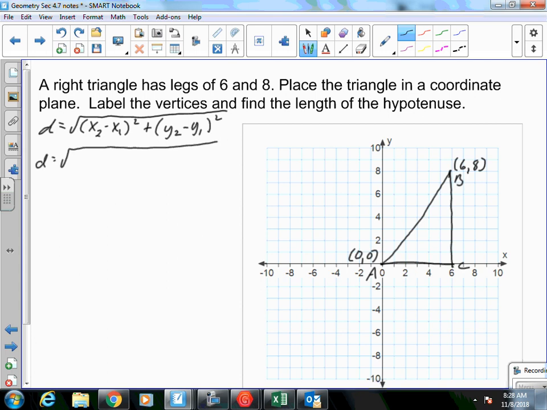Based on the points that we've got, (0, 0) and (6, 8), for the x's, it'll be 6 minus 0 squared plus the y's, 8 minus 0 squared.